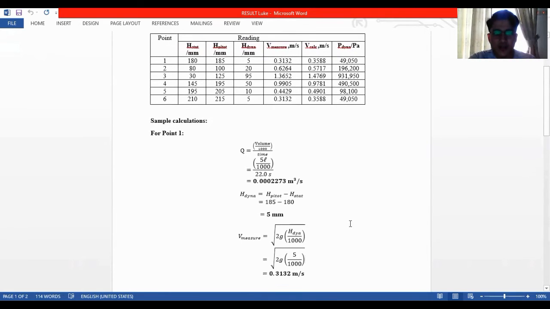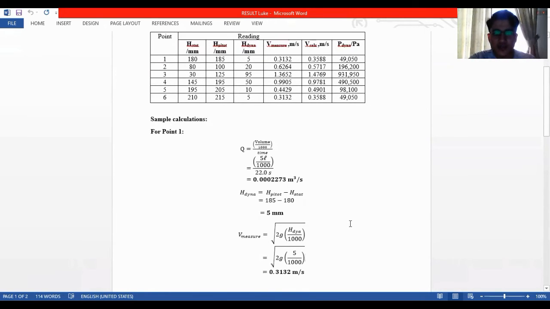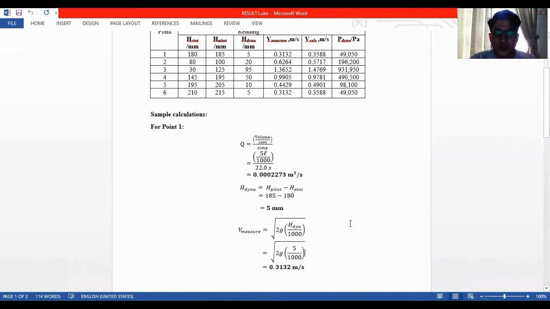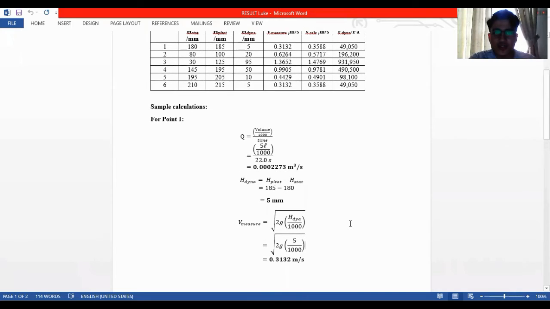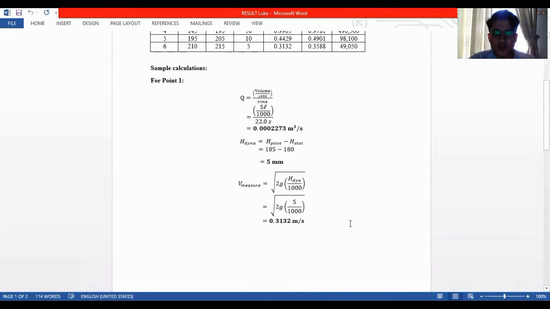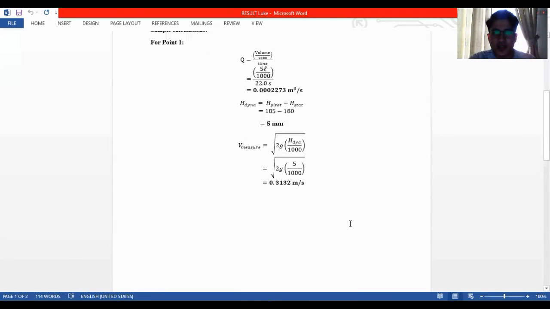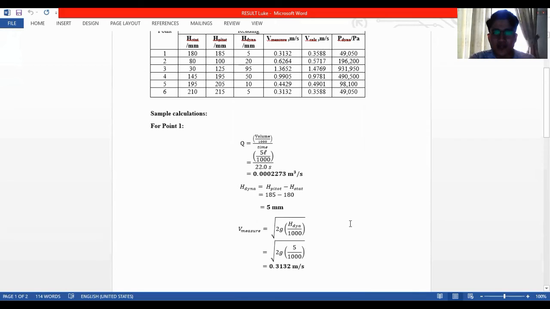And then we can calculate V measured, which is the square root of 2g times H dynamic over 1000. G is the gravitational acceleration, so 2 times 9.81 times 5 over 1000, which is equal to 0.3132 meters per second.